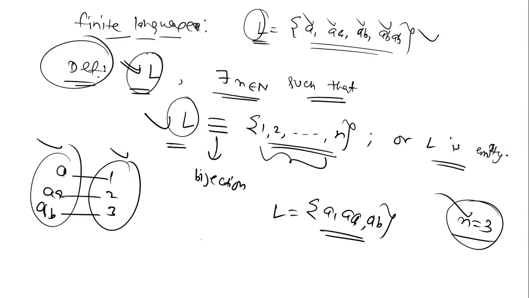If they say that the number of strings is finite, they can also understand. But if they give you the definition that we have a natural number such that L and this set have a 1-to-1 correspondence, many students cannot understand it. That is why I am telling you all these definitions.